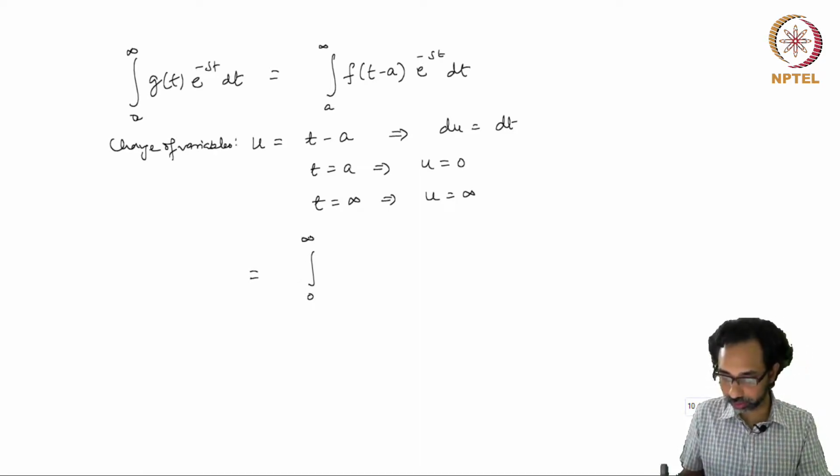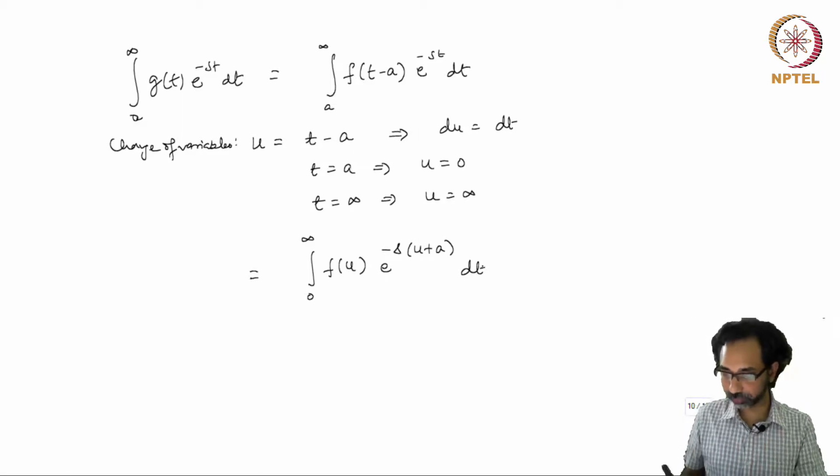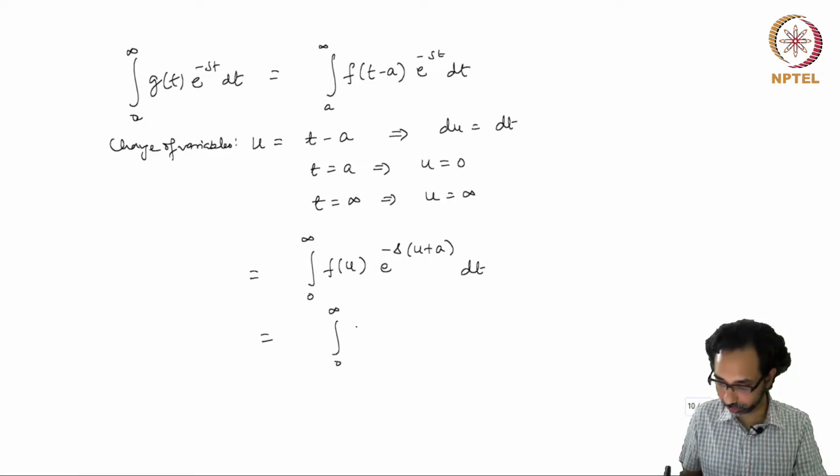So now we can write this integral as the integral from 0 to infinity of f of u times exponential of minus s times (u plus a) dt. But note that this is equal to the integral from 0 to infinity of f(u) exponential minus as times exponential minus su du, and now you can simply take this outside the integral.